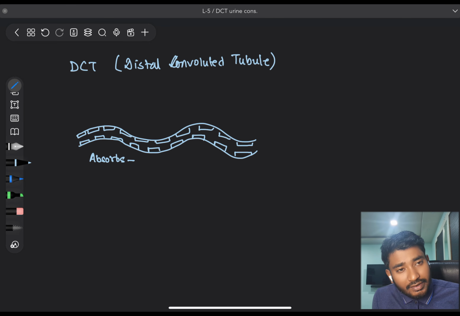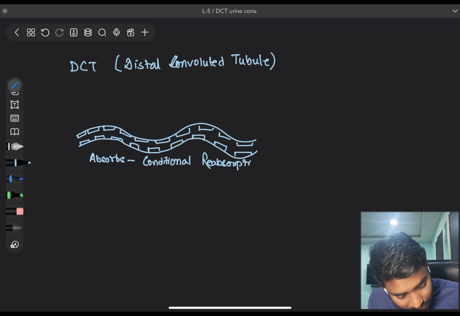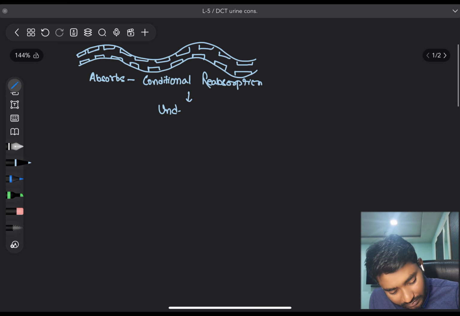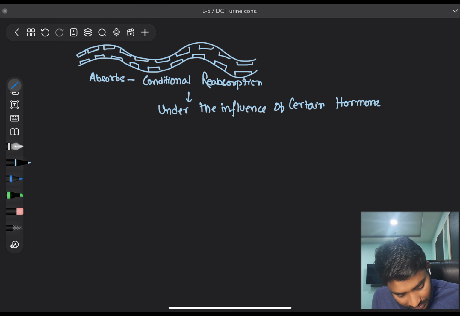Okay, here you can write in DCT the conditional reabsorption occurs, conditional reabsorption under the influence of certain hormones. Okay, now what happens?